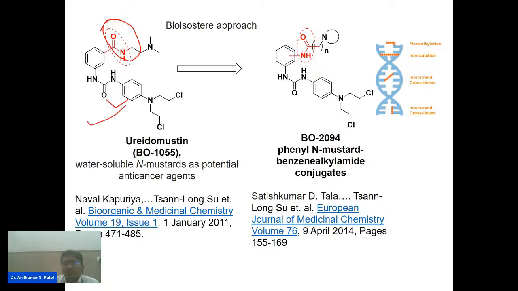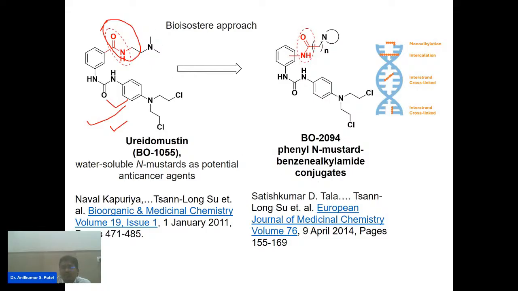BO1055 became a lead molecule because there are not only one publication in the literature for BO1055. It has almost 2 patents as well as 7 publications in very reputed oncology journals. So uridomustine became a lead molecule for further research.